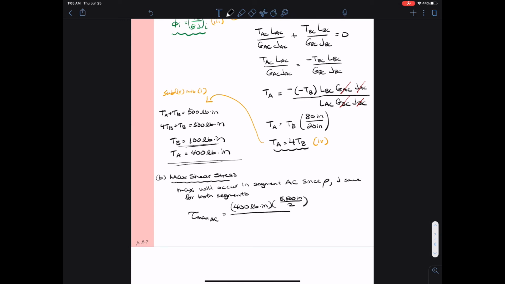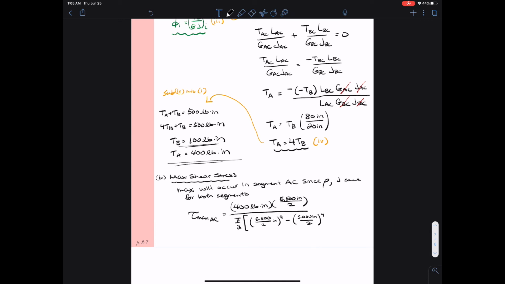And then J is going to be pi over 2 times the outer radius to the 4th. So that's 5.5 divided by 2 raised to the 4th, minus the inner radius to the 4th, which is going to be 5 over 2 raised to the 4th.